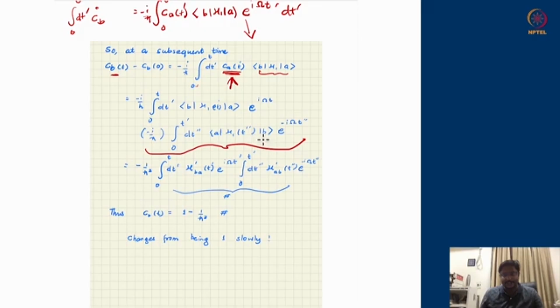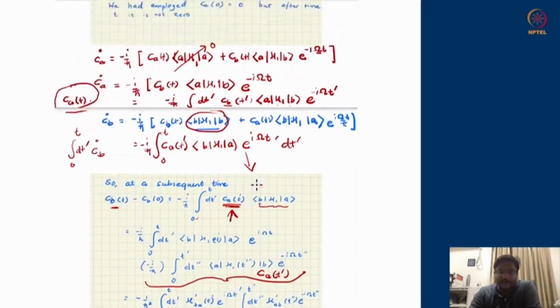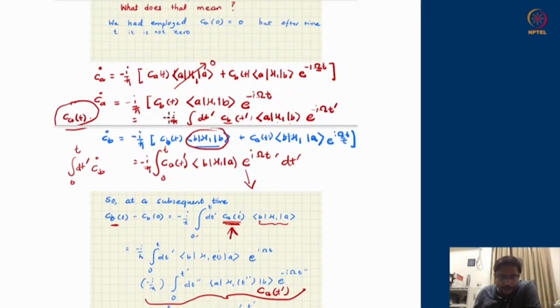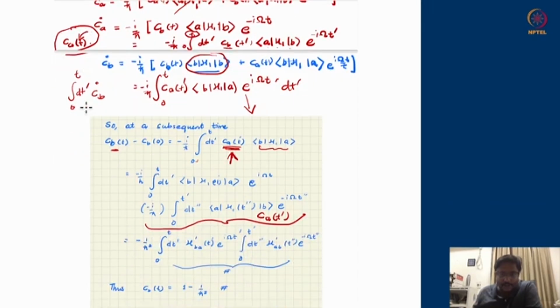So this is my CA of t prime. Remember, CA of t, if I wanted to compute, the integration has a range from 0 to t. So the upper limit of this appears as a functional dependency here. So therefore, in this expression, I want t primed appearing in the function CA t prime. So the integral representation will also have integration from 0 to t prime, since I am writing for CA t prime.